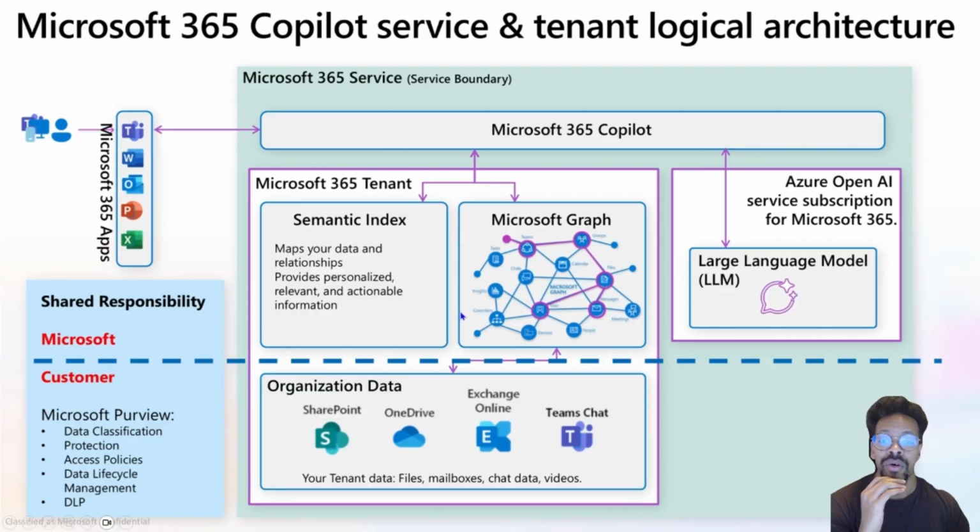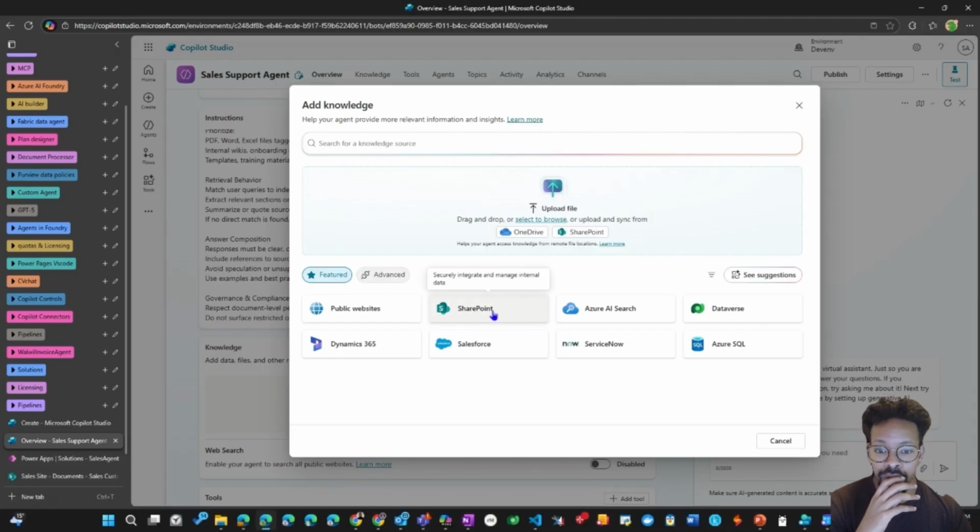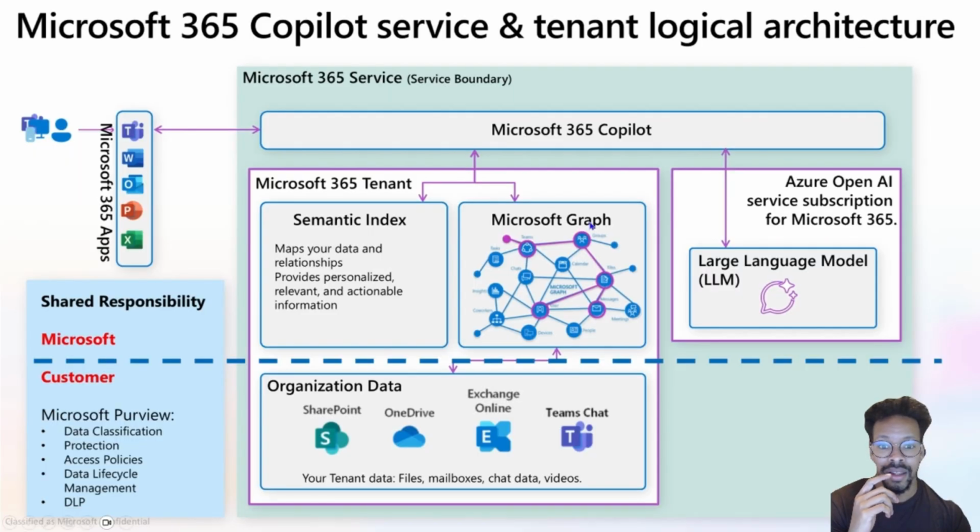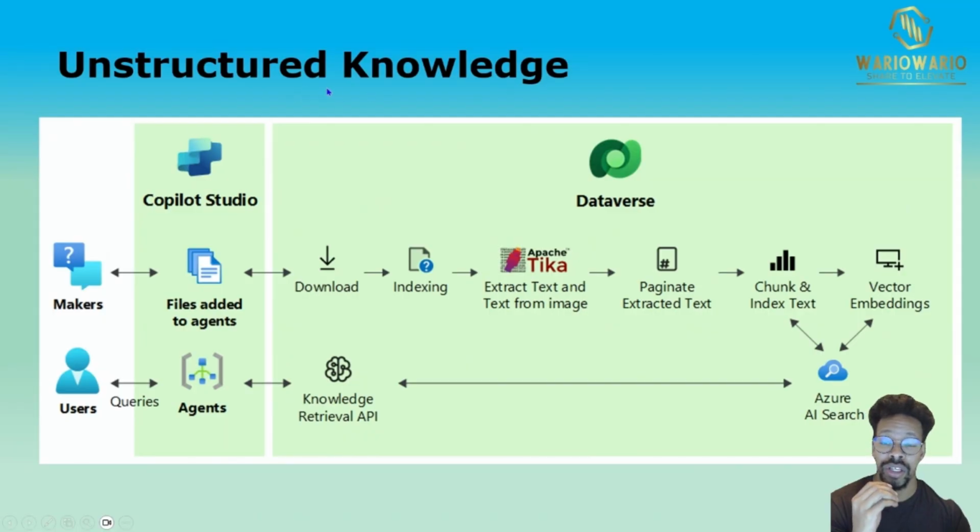The first one, if you look at this, you will see the semantic index, which lives in your M365 tenant, and you use Microsoft Graph to answer the question to M365 Copilot. So when you choose this option here, you will be using the semantic index. But when you choose this option here, you will be using the unstructured knowledge data source.